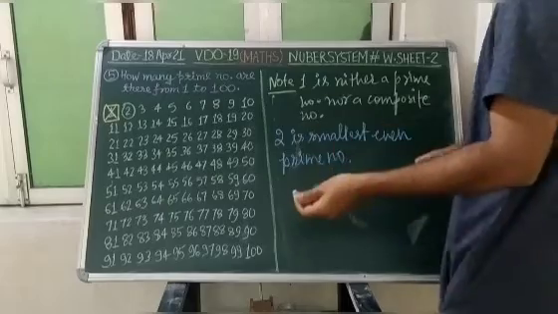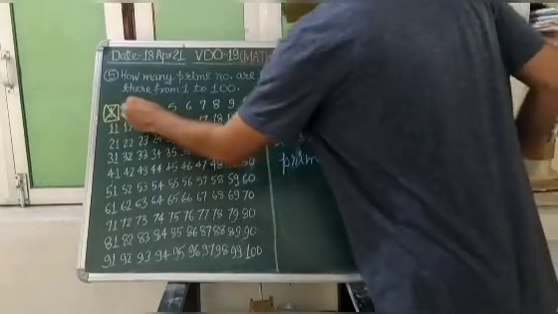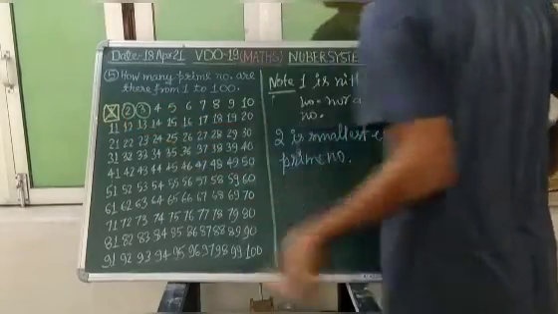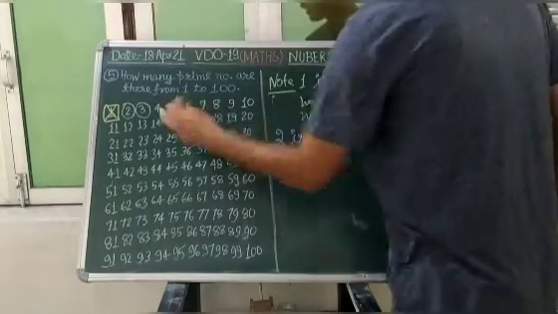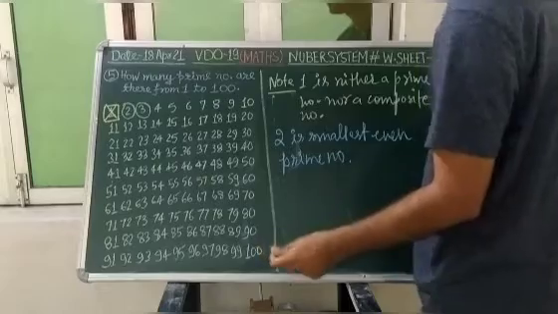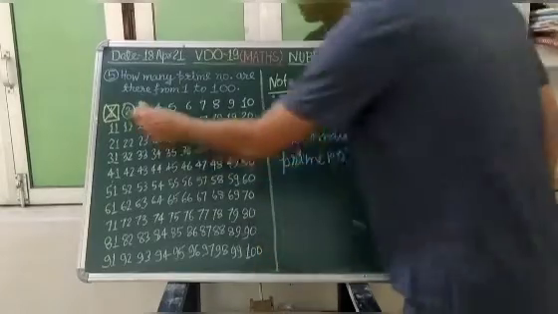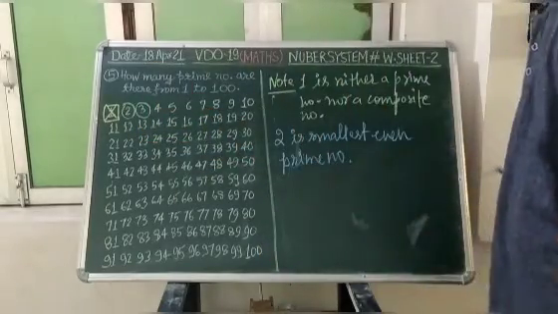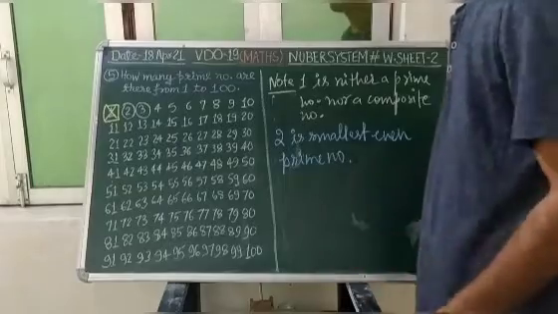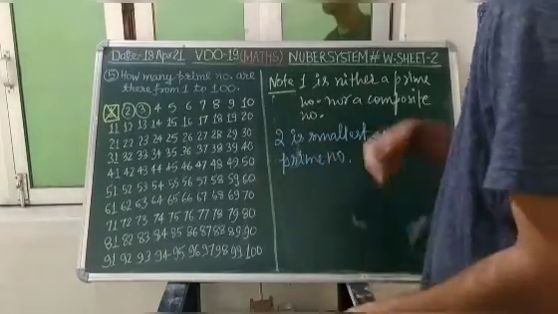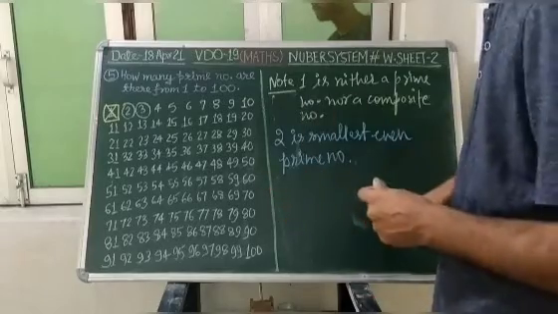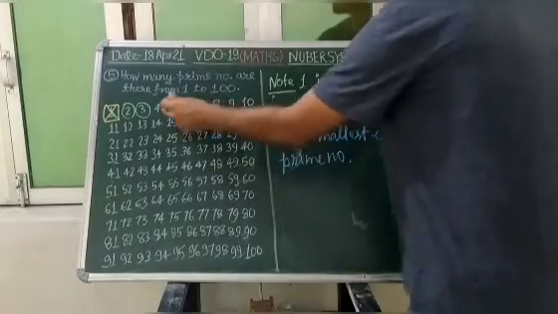No other number is going to divide this 3. So 3 will also be your prime number. 4, when you select, you see that it is divisible by 1, 4 and 2 as well. So a number which is divisible by any other number along with 1 and itself will be our composite number. It will not be a prime number.